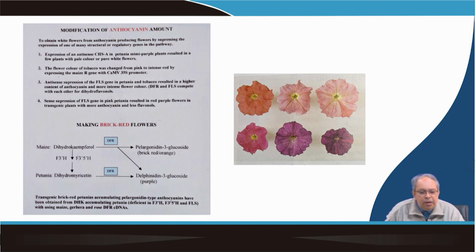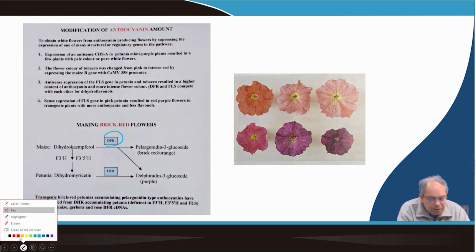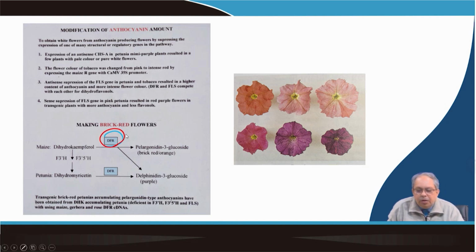What scientists attempted was to use maize DFR, dihydroflavonol reductase, to be transferred into the petunia and to see whether it has any effect on coloration. Or also the F3'H, F3'5'H can be targeted.